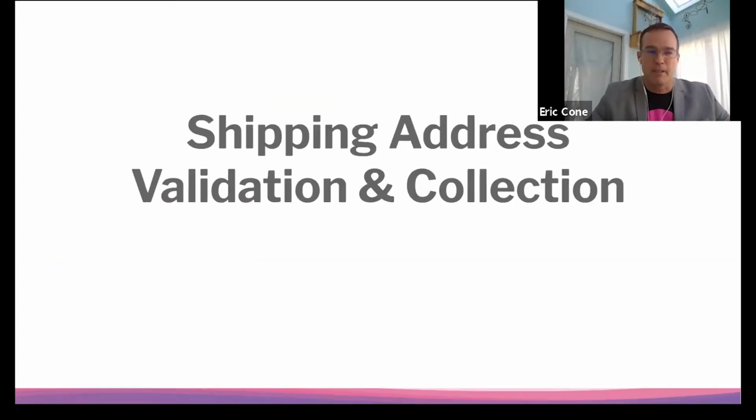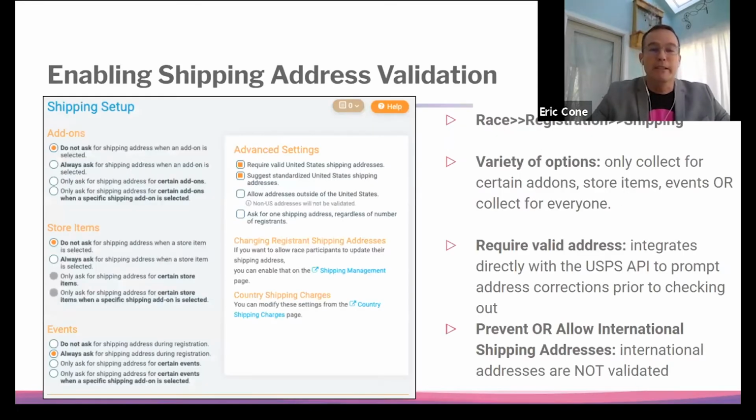All right, shipping address validation and collection. We have a really cool set of features around shipping, and one that I love is enabling shipping address validation. A handful of organizations were already using this before the pandemic because they were shipping goods to their participants, so they needed to collect addresses.